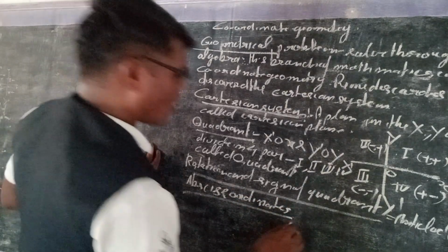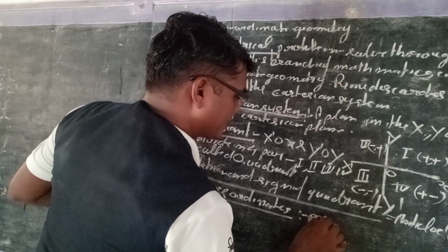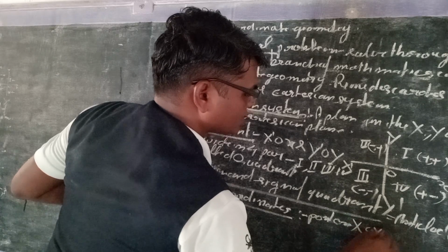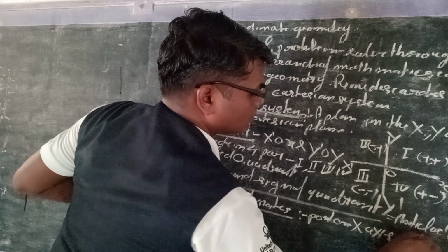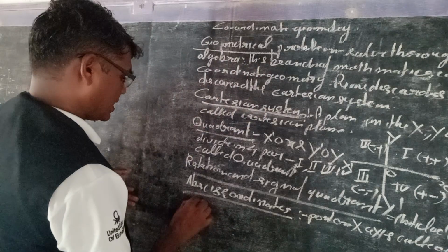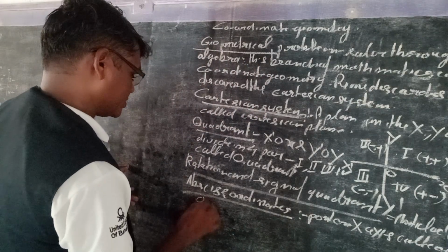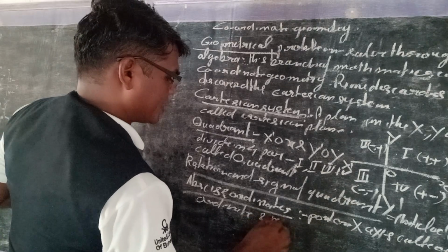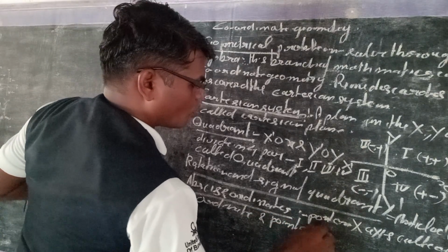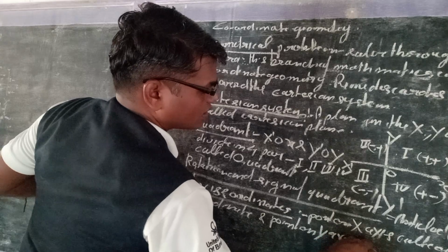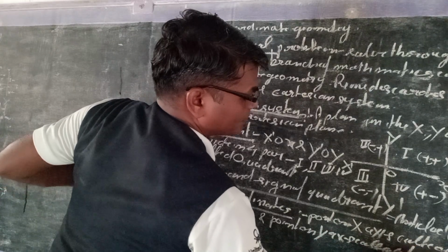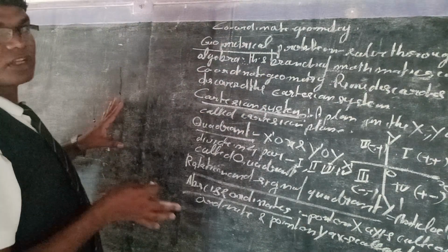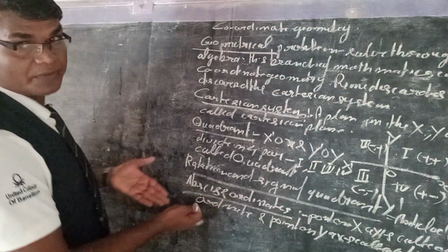The point on the x-axis is called the abscissa, and the point on the y-axis is called the ordinate. Here we have studied coordinates and abscissa.